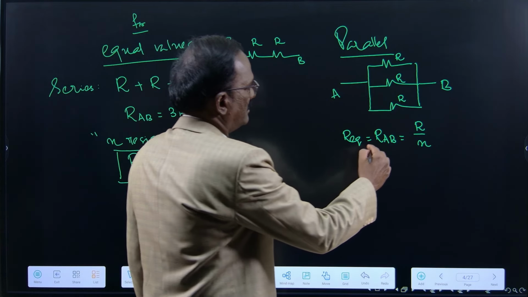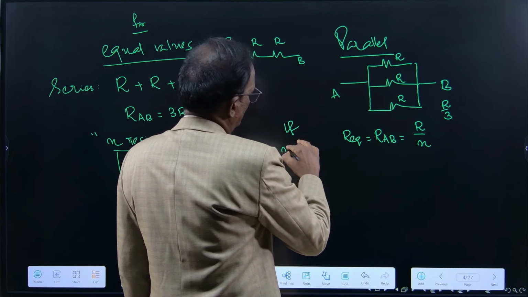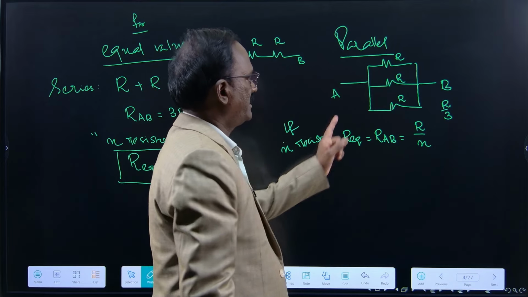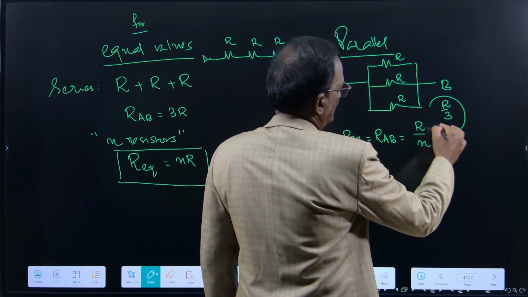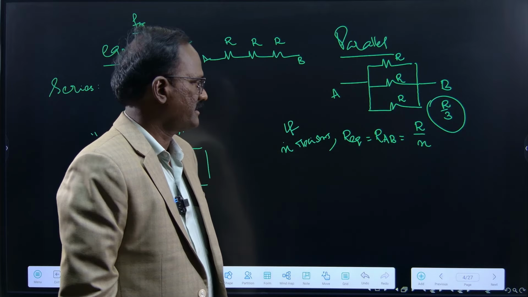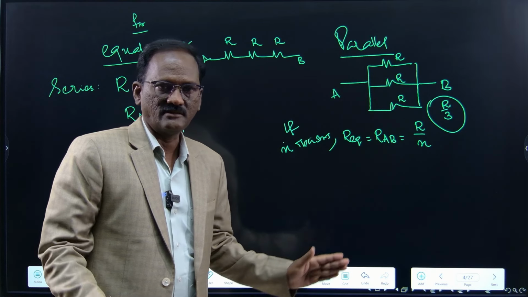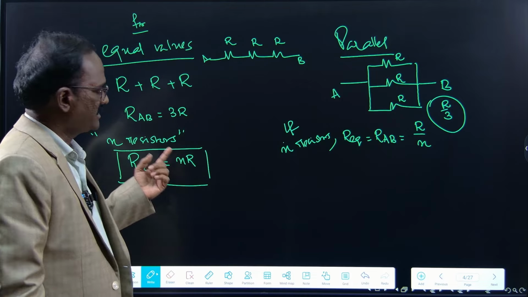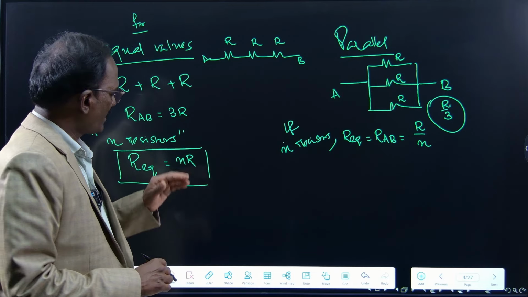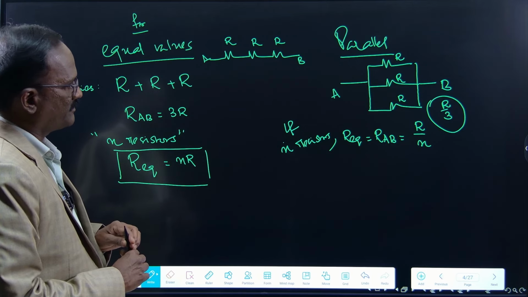Here in this case, R by 3. If there are N resistors, then it is R by N. So in series it is multiplication, R into N, and in parallel it is R by N. For a parallel circuit, the value is reduced. In a series circuit, the value is increased, right? This relationship will be very, very useful when we solve the problems, right?